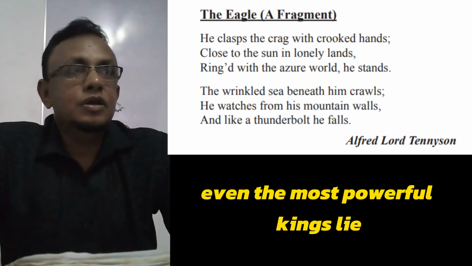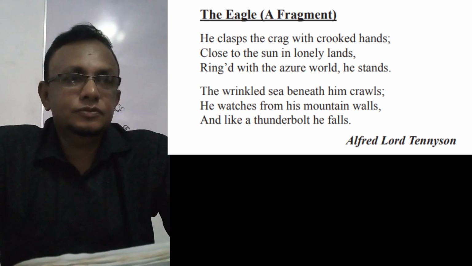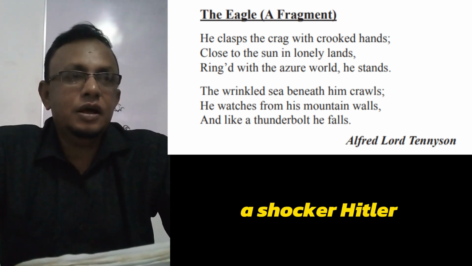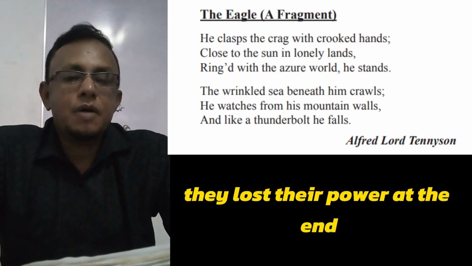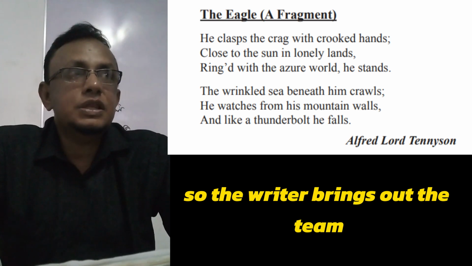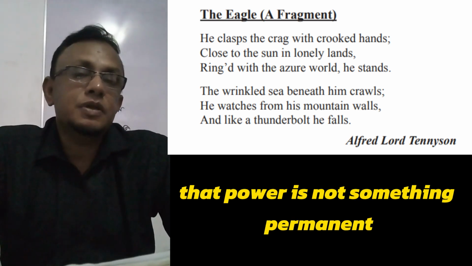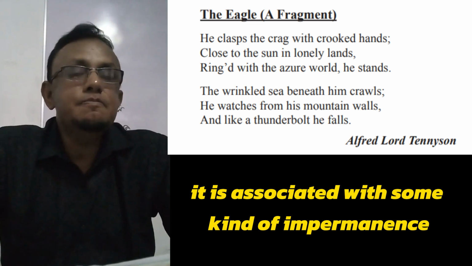Even the most powerful kings like Ashoka, Hitler, Napoleon, all those people, they lost their power at the end. So the writer brings out the theme that power is not something permanent. It is associated with some kind of impermanence.